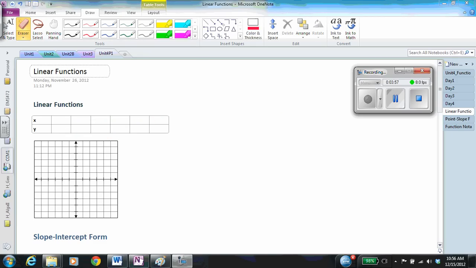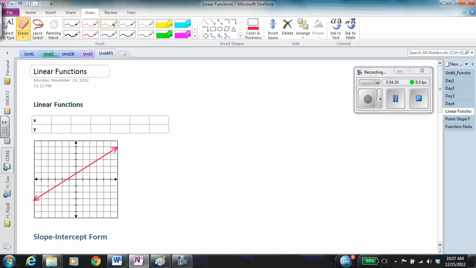So now let's say we want to look at a linear function on a graph. I'm going to just draw a random graph here. Okay.